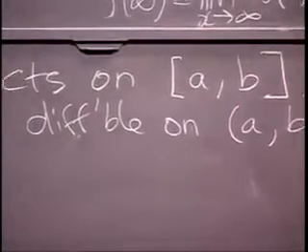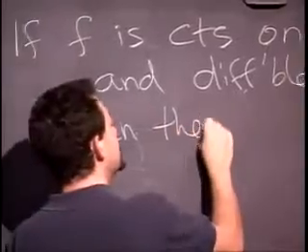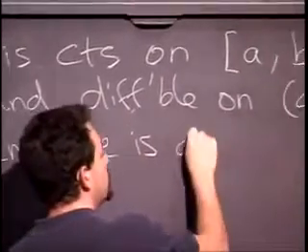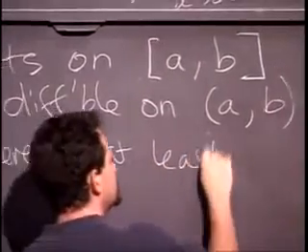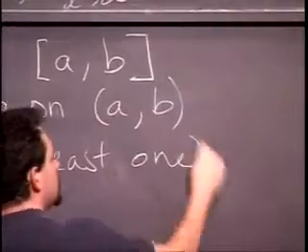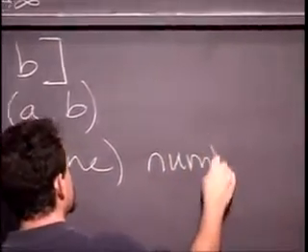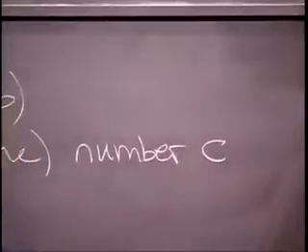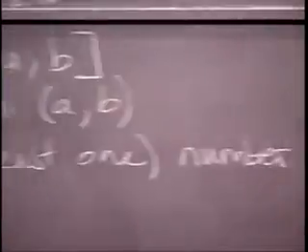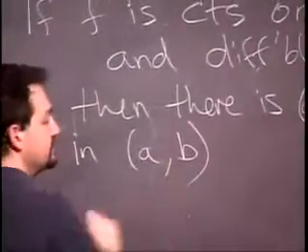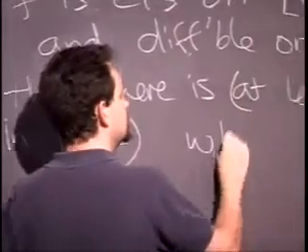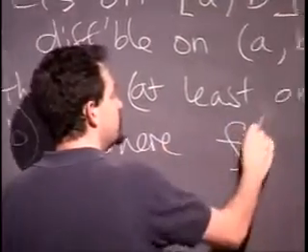Then there is some number C, at least one, in the open interval AB, where the derivative is 0.